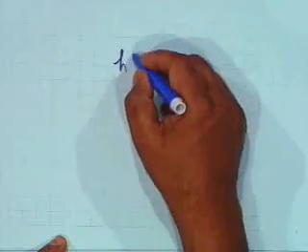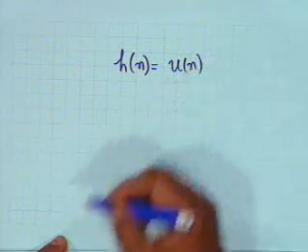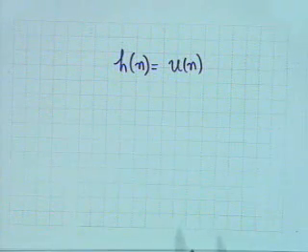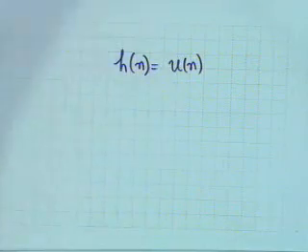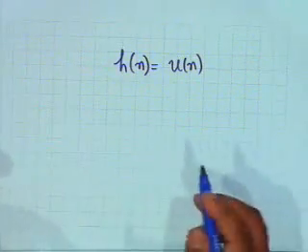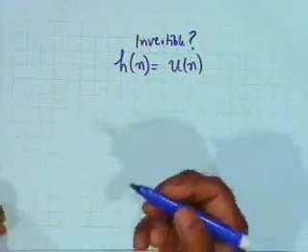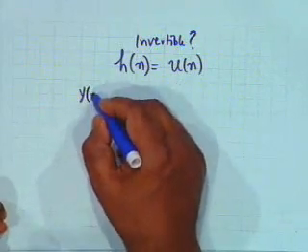Suppose I have, let's take another example, let's take a discrete time system. Let's say h of n is u of n. Alright, a discrete time system which is characterized by this, unit impulse response is equal to the unit step. Is this invertible? To answer this question, let's find out what is y of n.